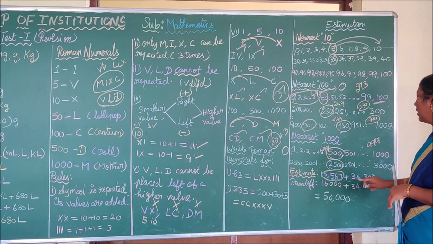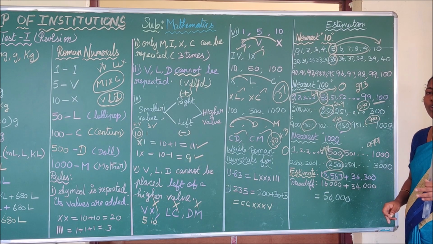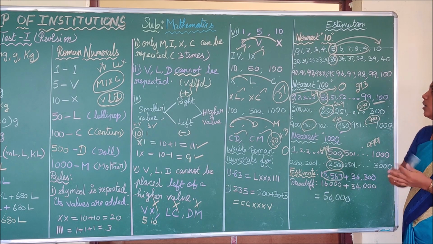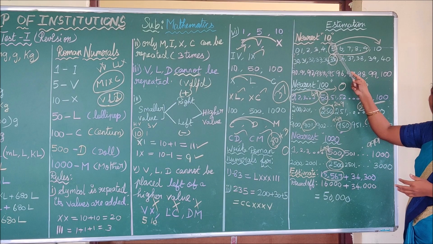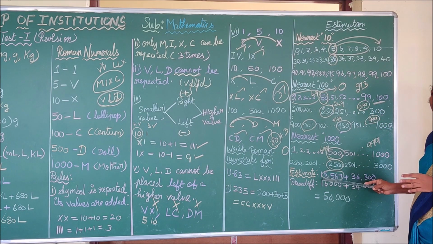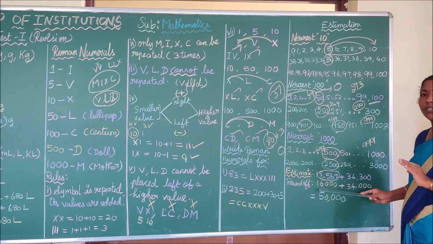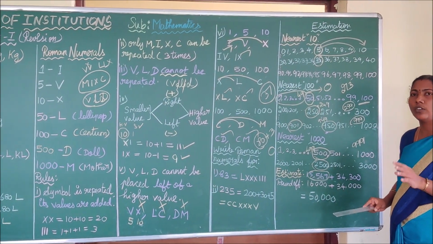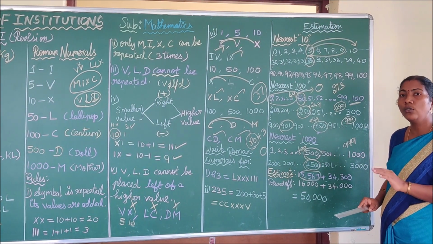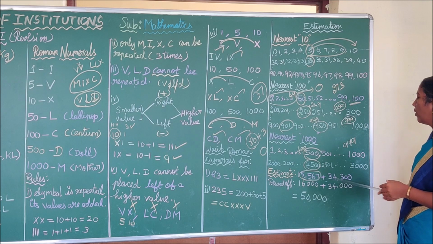See here, while the sum is given like this, you have to round up to the highest place value. That is, don't round the sum to the nearest 10 or nearest 100. If it is a 4-digit number or more, you have to round it off to the nearest 1000. Otherwise, in the question paper they will mention round up to the nearest 10 or round up to the nearest 100. See here, how can you round up this number?